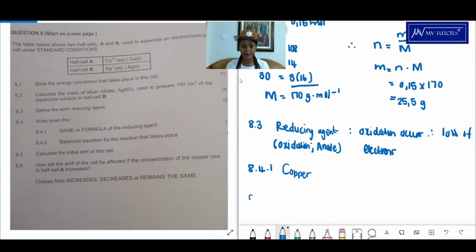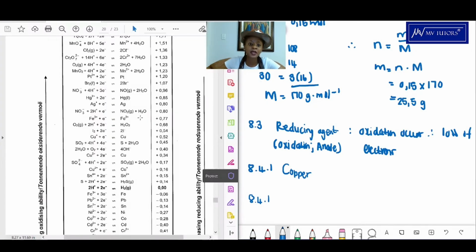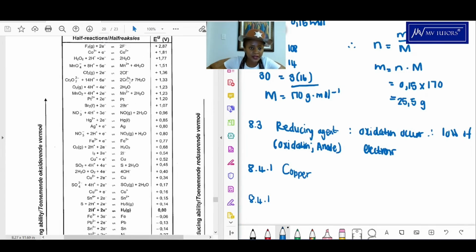So what actually happens? Okay, so if it's a reducing agent, it means that it is oxidized, right? And if it is an oxidizing agent, it means it has been reduced. So looking at our table, silver is up here.